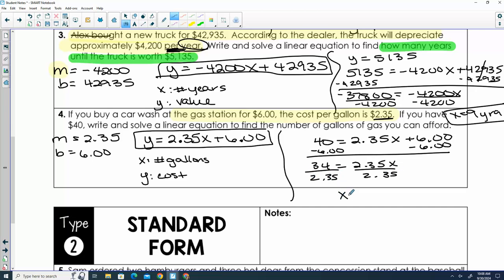So then we divide. So 34 divided by 2.35 does not work out perfectly, so let's just keep a couple decimals, so 14.47. What would my label be on that? Gallons. So we can buy 14.47 gallons of gas.